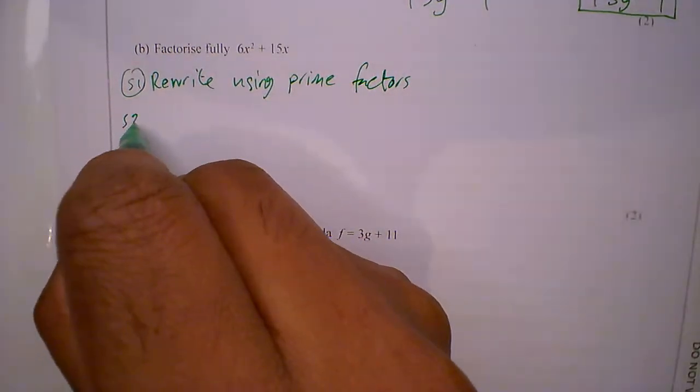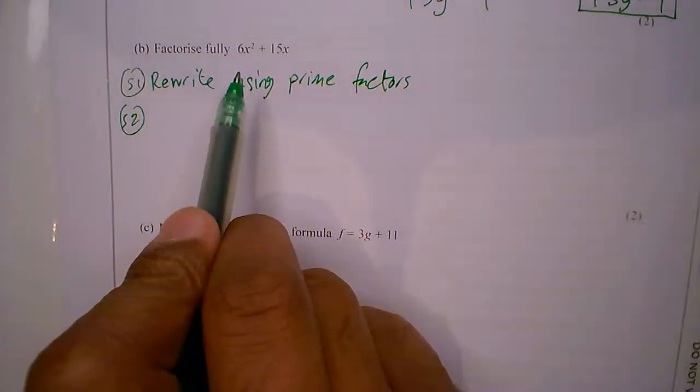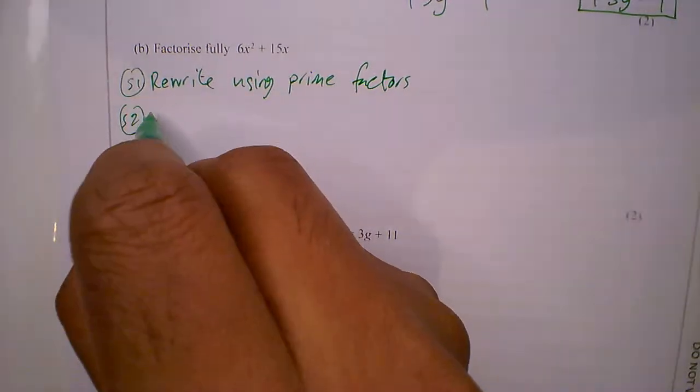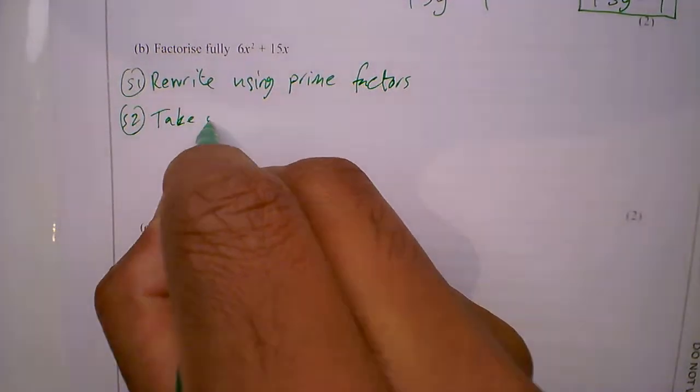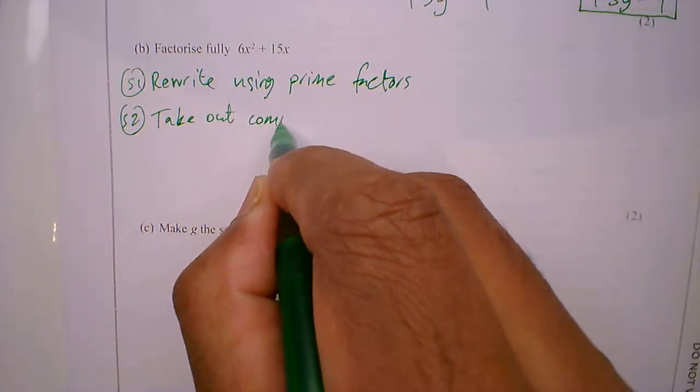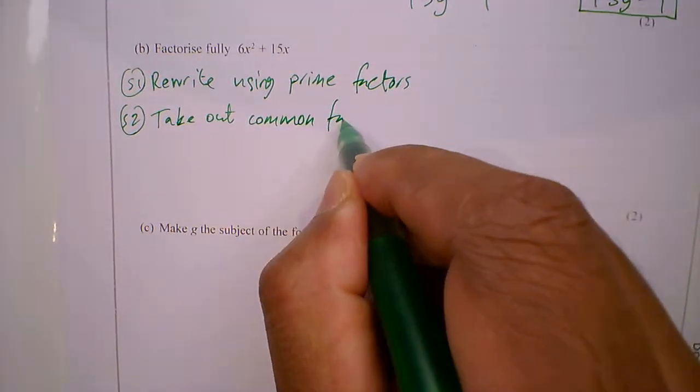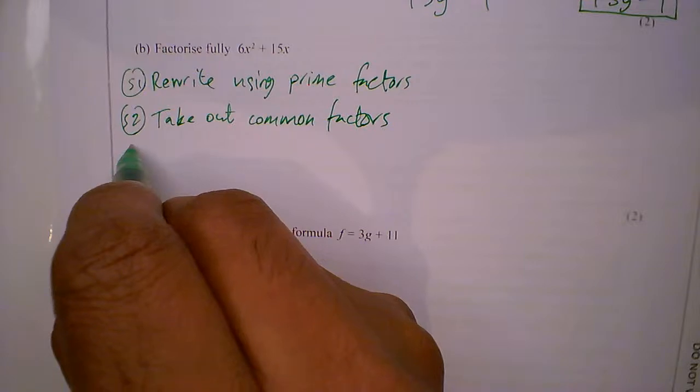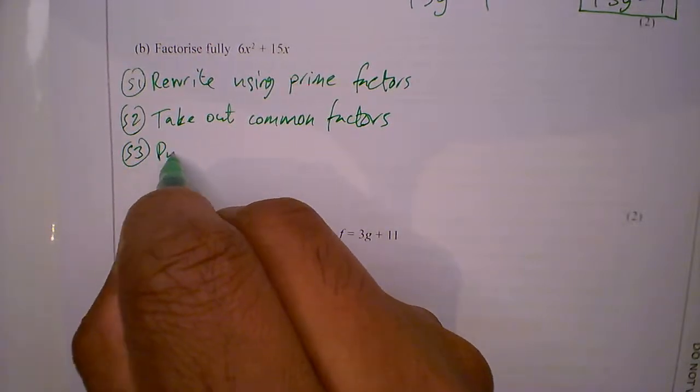And then step 2, I will take out common factors. And then step 3, I am going to put brackets.